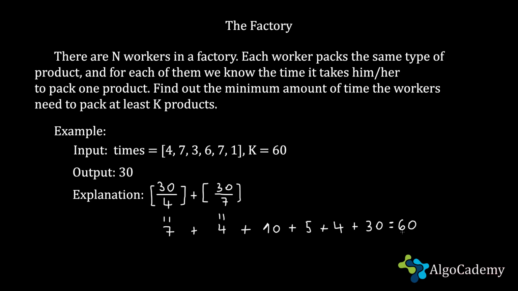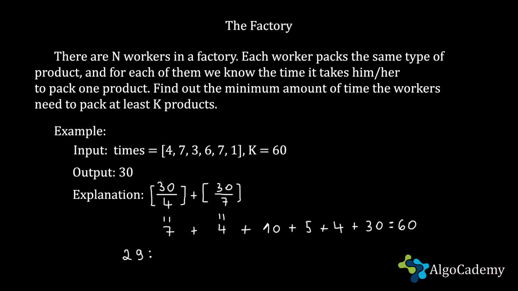So it is pretty clear that if they have 30 units of time, they are able to pack 60 products, which is good. But if they had, let's say, 29 units of time, right? So for 29 units of time, what would have been the number of products they were able to pack?